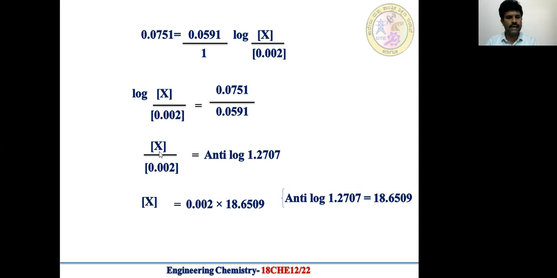Hence, x is equal to 0.002 times 18.6509. So finally, the value of x is equal to 0.0373 molar. This is the concentration of the electrolyte at the cathode. In this way, we can calculate the concentration of electrolyte solutions.